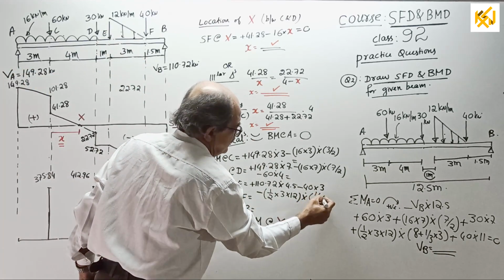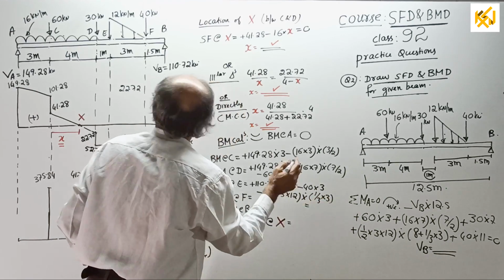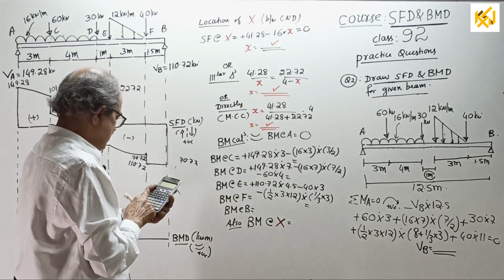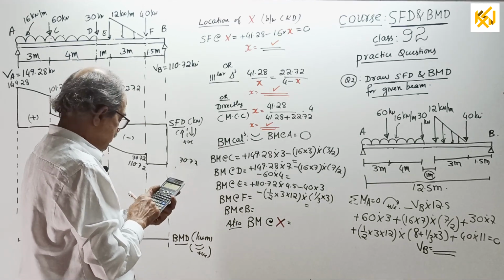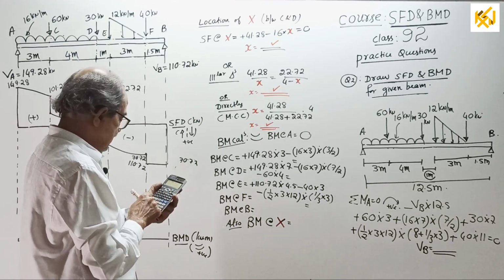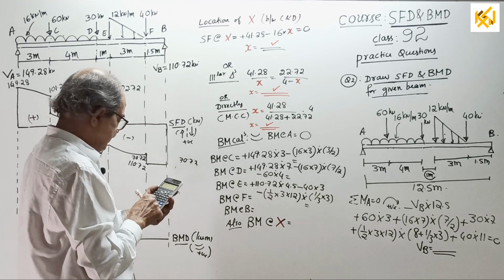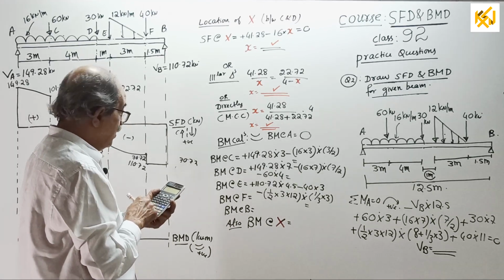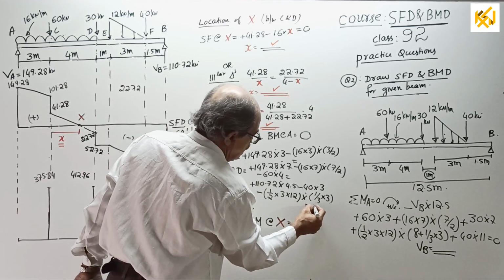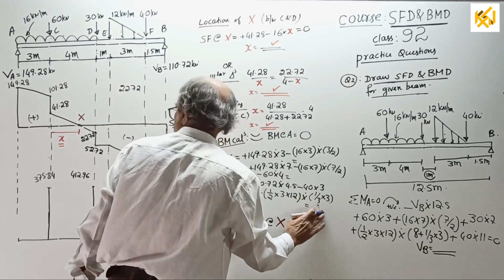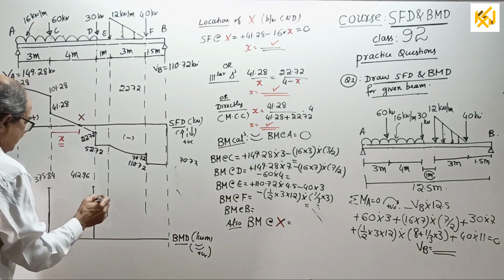These all explained endless number of times. Calculate. Okay, I will calculate there. 110.72 into 4.5 minus 40 into 3 minus half into 3 into 12 into 1. That's all. Yes. 360.24.